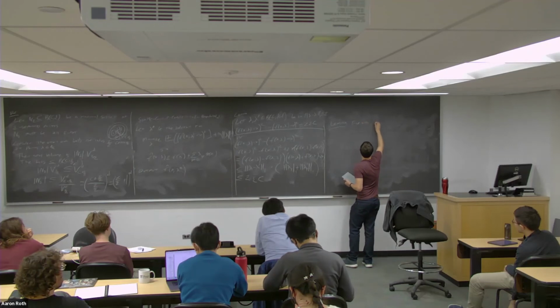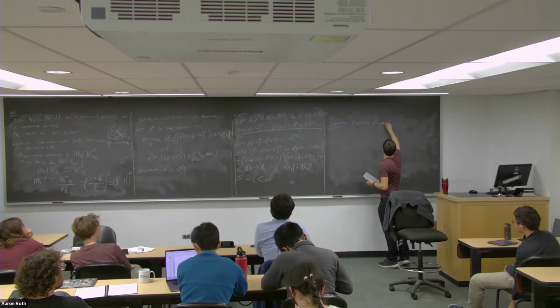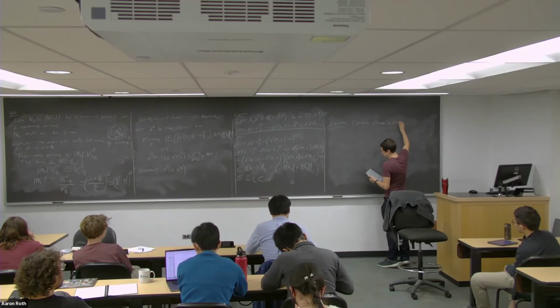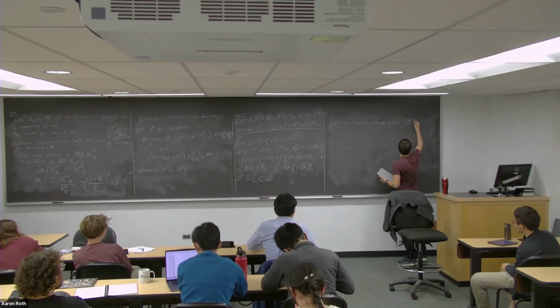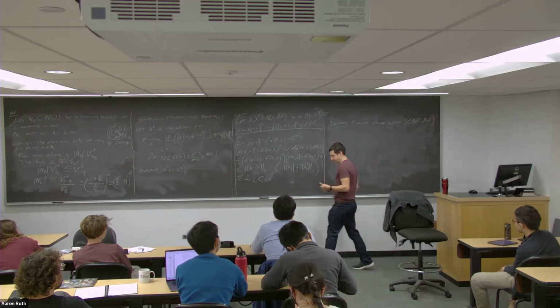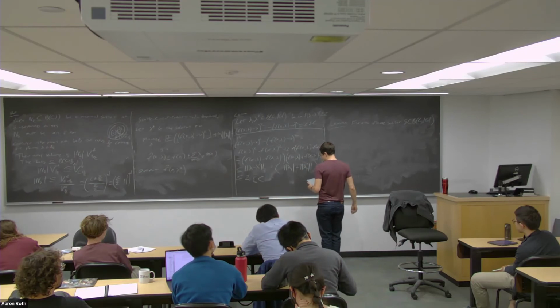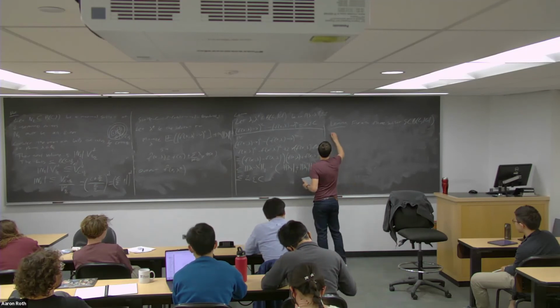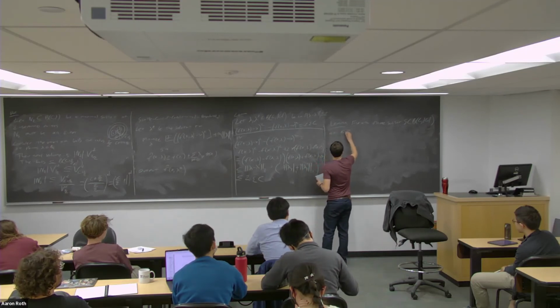Fix any finite subset of the ball of radius c and dimension equal to the number of groups. Maybe you should have in mind the epsilon net. And any delta greater than 0.